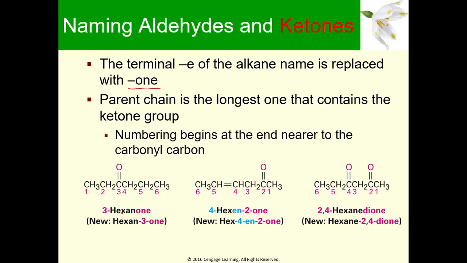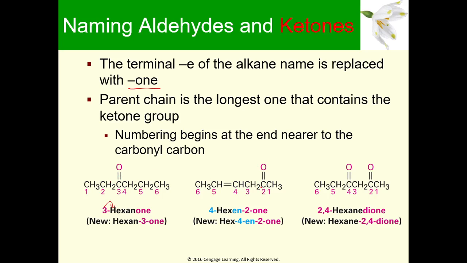Okay, why is it hexanone? Acknowledging the fact that it's 6 carbons long, and because you have a C double bond O here, it becomes -one. Hexane, hexanone, and the 3 here refers to the position of the C double bond O.